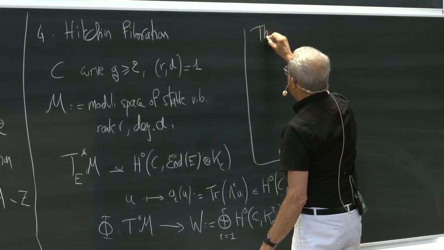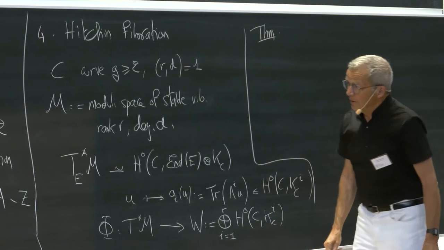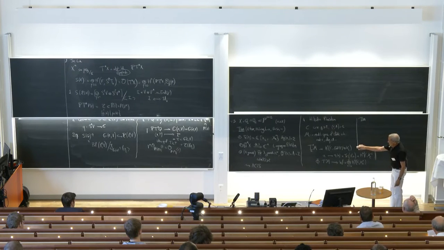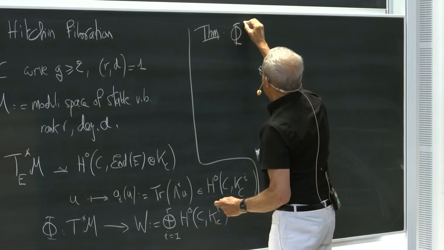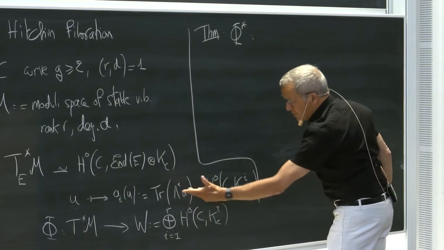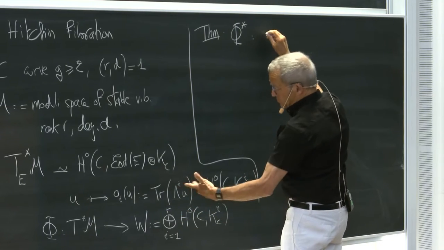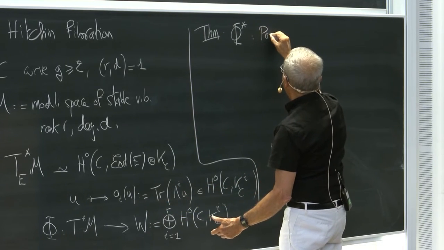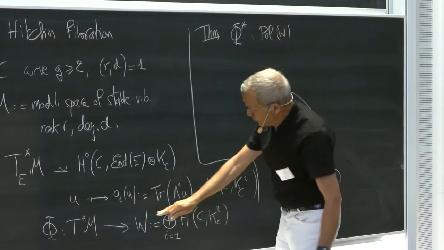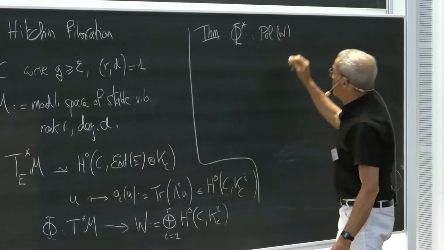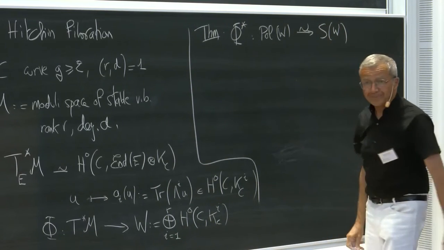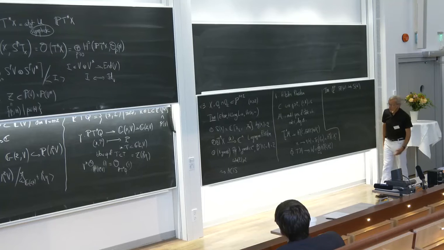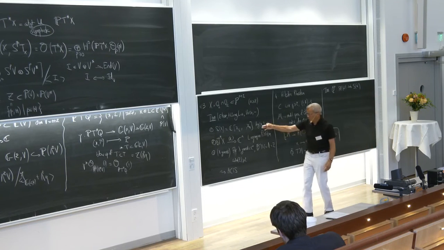And then the theorem, essentially due to Hitchin, is that we have the same situation as here, namely phi upper star, which goes from the polynomial functions on W, regular functions on W, to S of W, is an isomorphism. And 2 and 3 hold.